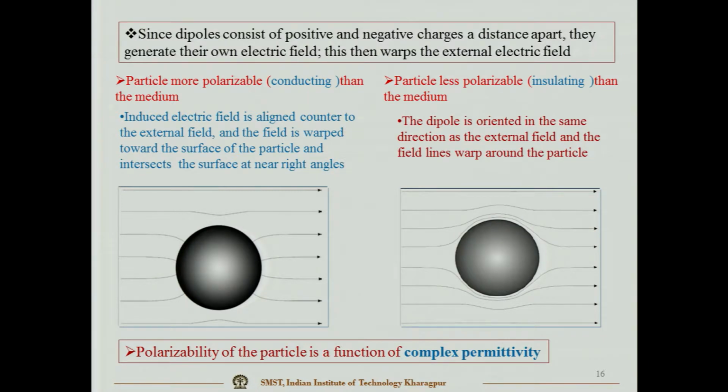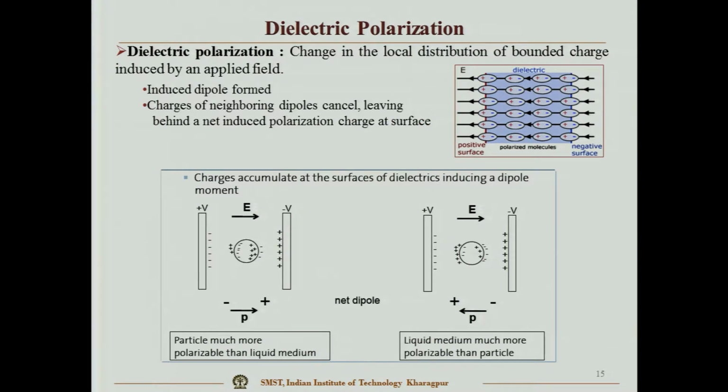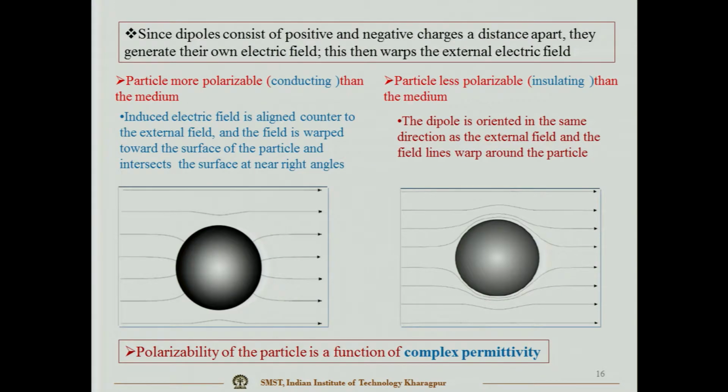Whereas, in the other case, where the media has a much higher dielectric constant, the electric field will stay in the media only, and very little electric field will go through this particle. So, these changes will occur.